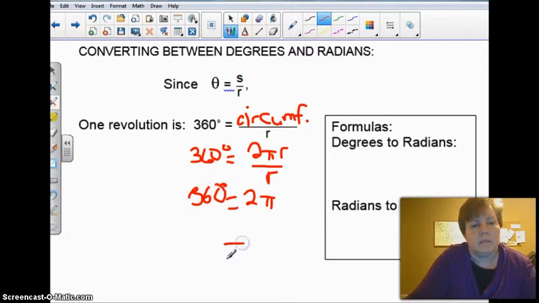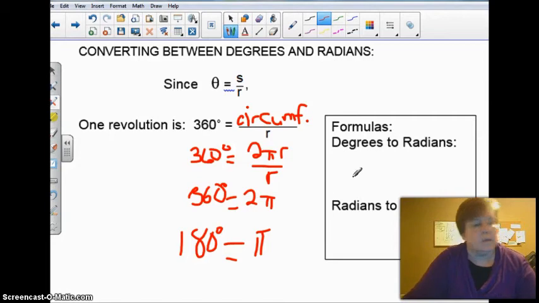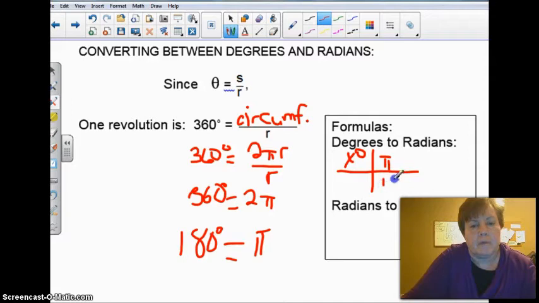So that means that pi is equal to 180 degrees. That's our relationship: 180 degrees equals pi. So when we're setting this up, we're going to say that x degrees is in relationship with pi over 180 degrees.